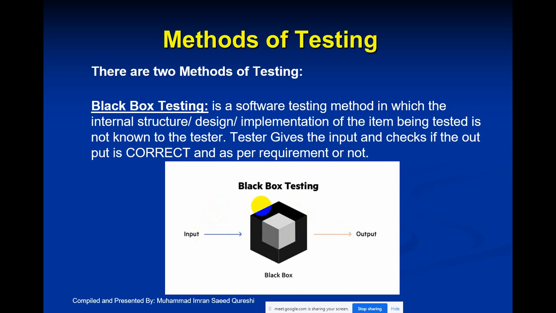So when I was registering, when I was signing up, if I gave it 4 characters and it accepts, so it is gone. So in this way we do not look at the code, we just run the software, we give it the inputs and we check the output. Is it according to the input or not? So now check black box testing. ये black box है, we cannot see inside, we cannot look at the code.